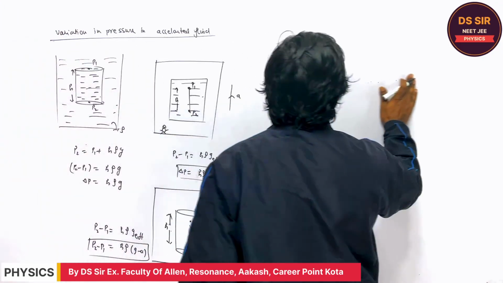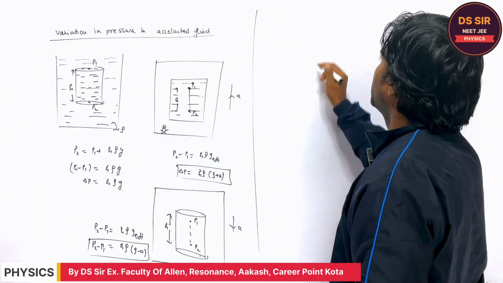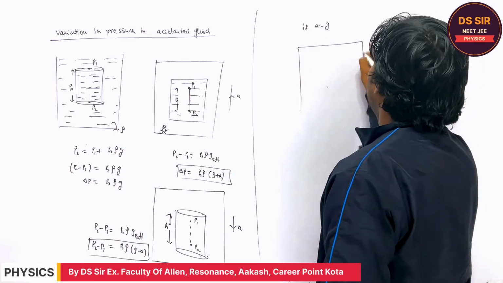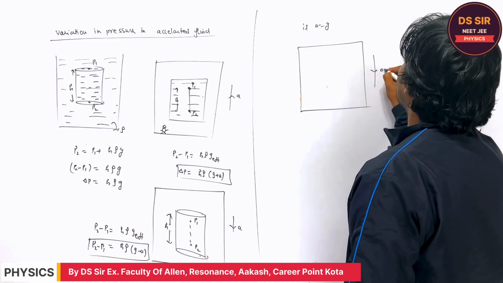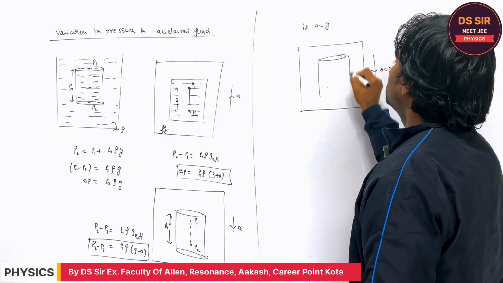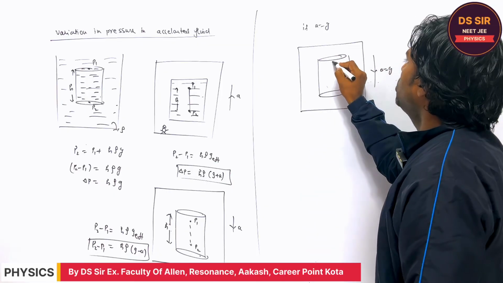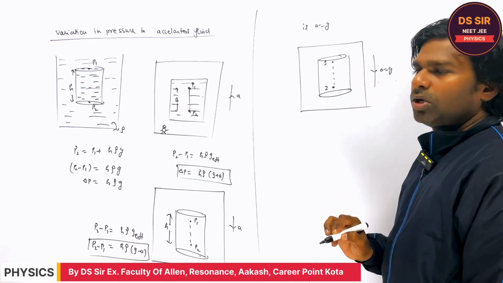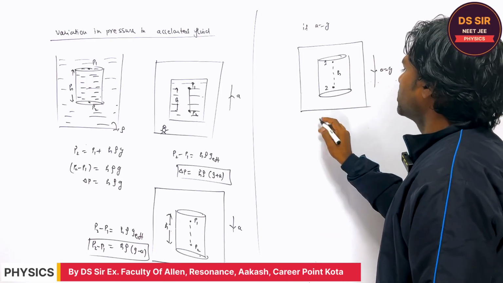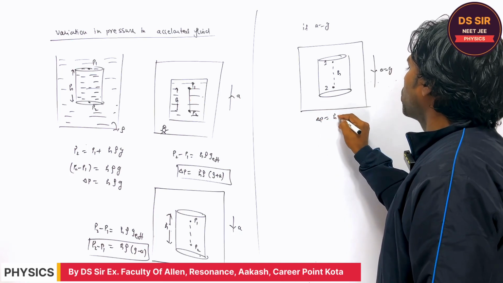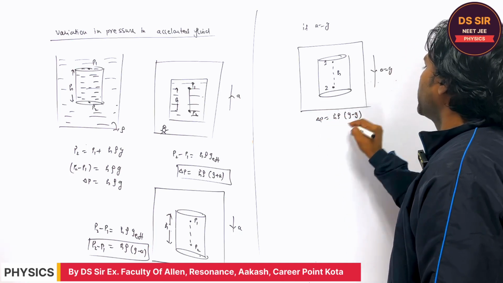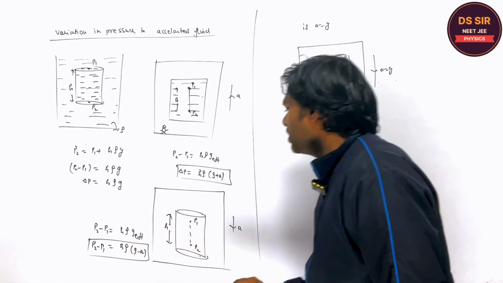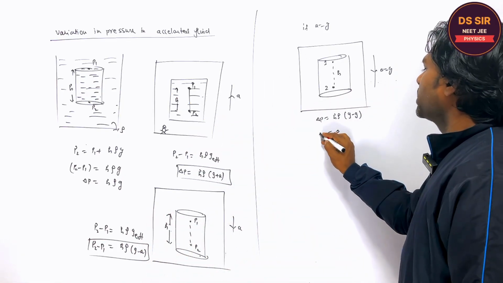But if this lift is freely falling, that is, if A becomes equal to G, then if you consider the fluid and any 2 points over here, 1 and 2, do you understand or not? What is the pressure difference between these? Delta P is equal to h rho G effective, which is G minus G. Here the acceleration becomes G minus A, G minus G, so no pressure difference.